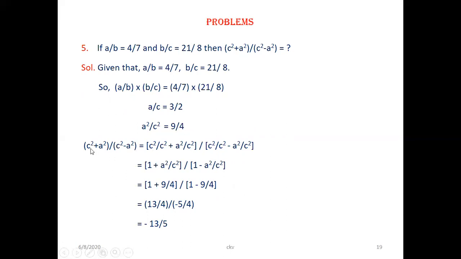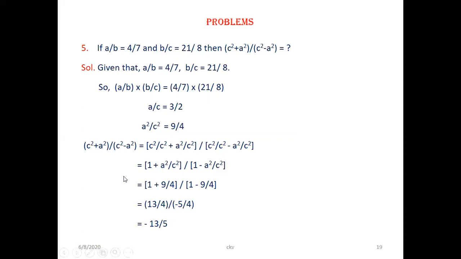Means c square by c square plus a square by c square in the numerator, and down again you divide the denominator with c square, so c square by c square minus a square by c square. So the value remains the same. Remember girls, whatever you do to the numerator, the same thing should be done for the denominator also.